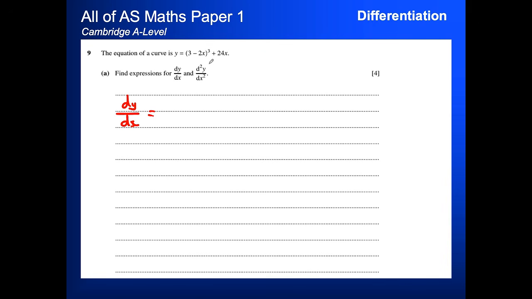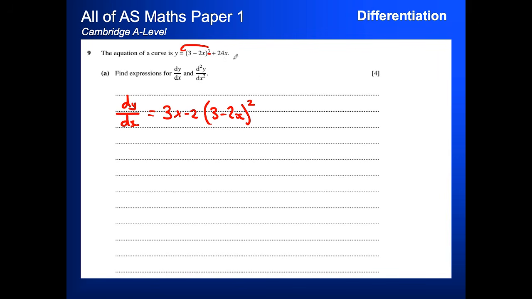So the first thing we're going to do here is bring 3 to the front when we're differentiating. So 3, now multiplied by the derivative of what's inside the bracket. Well, minus 2x, if you find the derivative of that, is just minus 2. Then we just copy over the bracket, so 3 minus 2x, and then reduce the index by 1. So that gives us to the power of 2.